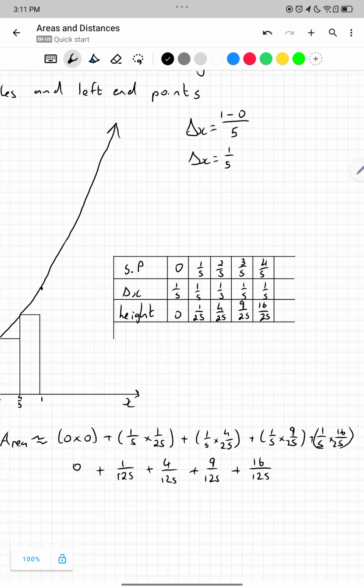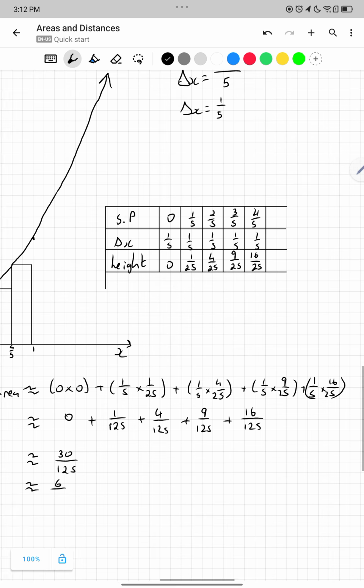So basically, we still have our 30 on top, if I'm not mistaken. Yep, our 30 over 125, which approximately equals 6/25.